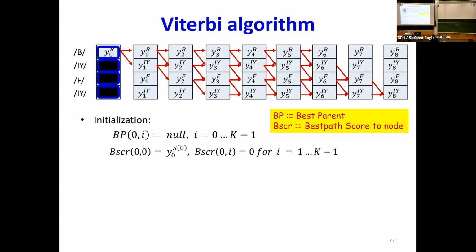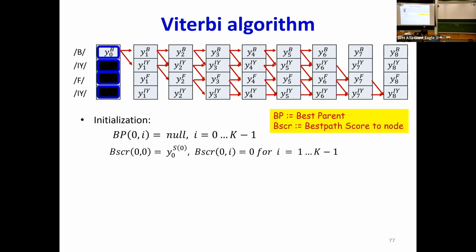And the top left box itself has no parent, so its parent is null. And what is the best path score starting from the top left box to the top left box? It's just the top left box score itself. So that's simply going to be y0 times y0 as 0, right? That's just going to have its own node probability.